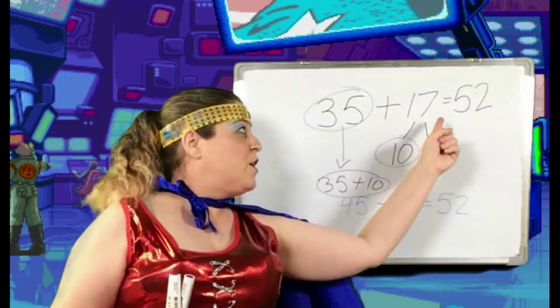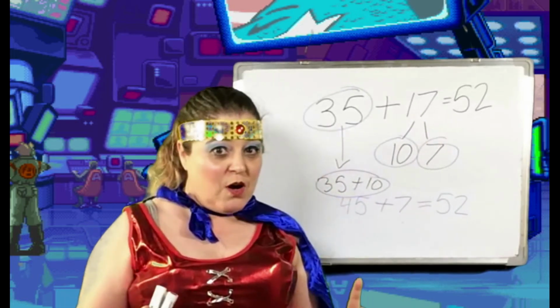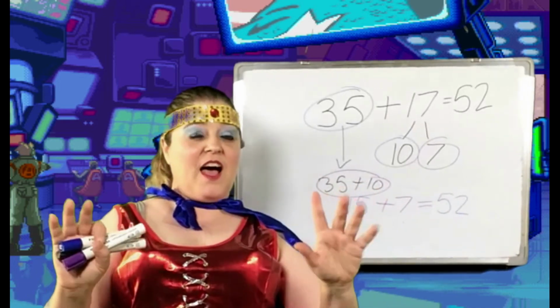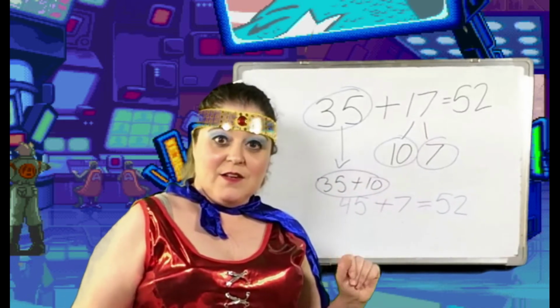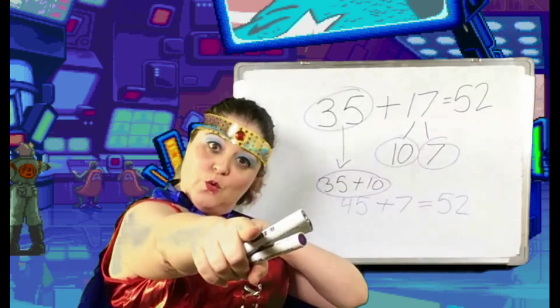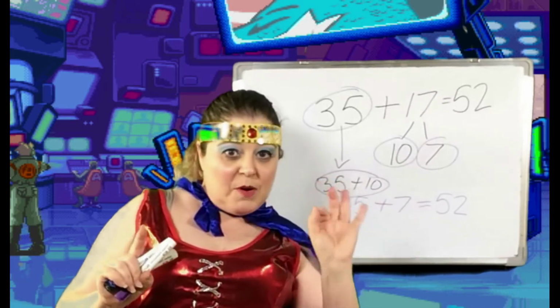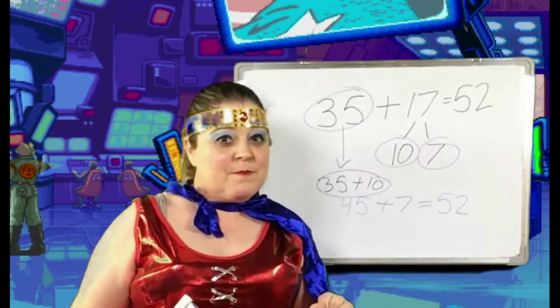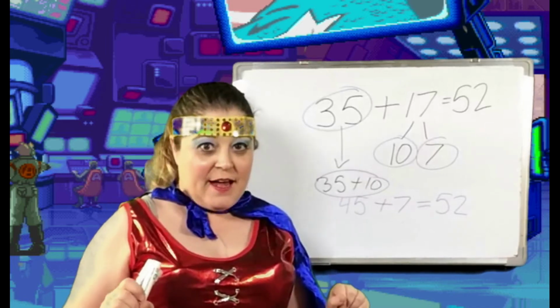If you prefer only partitioning the smaller number and working it out that way, that's fine. Do it that way. Do which way works best for you. Okay? But we're going to practice this way with a few more sums. Okay? Here comes the next one.